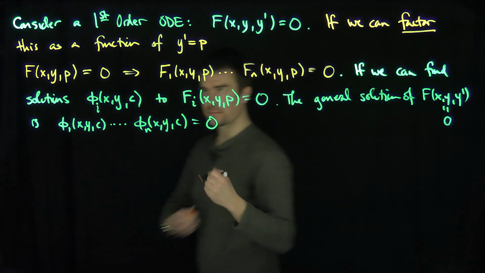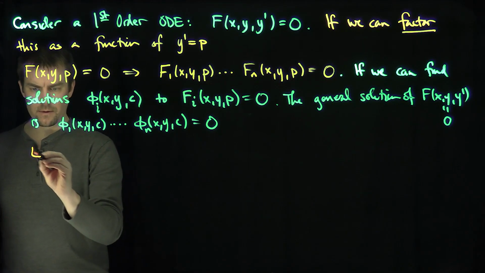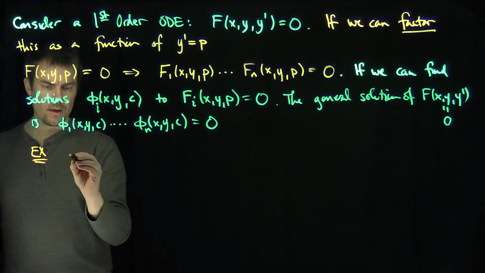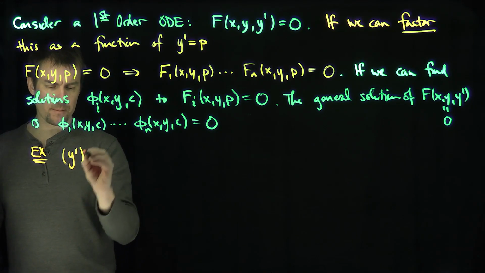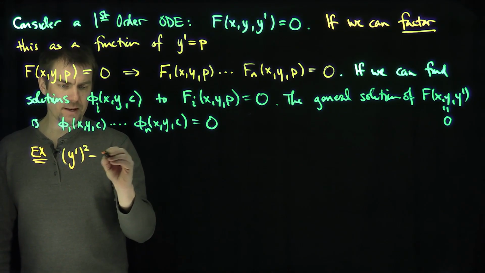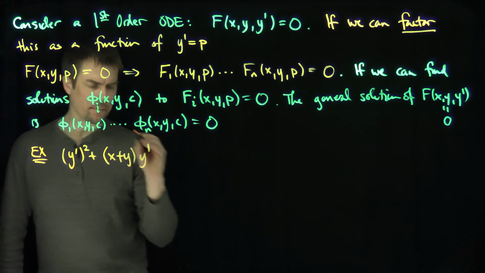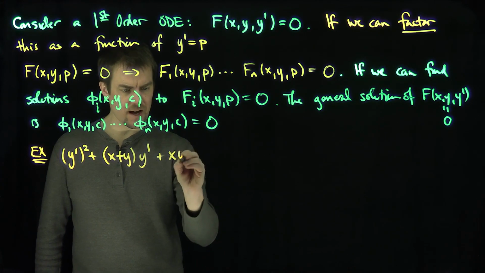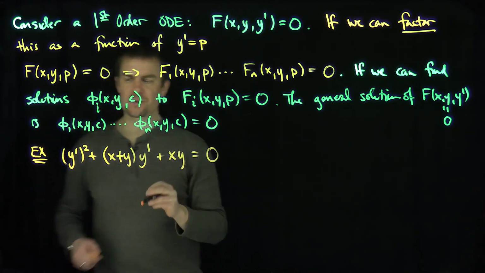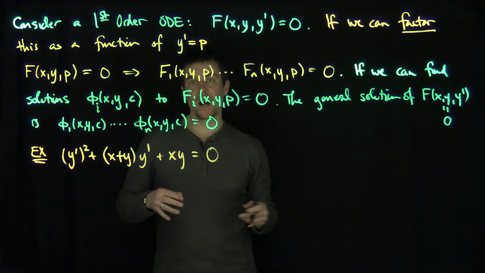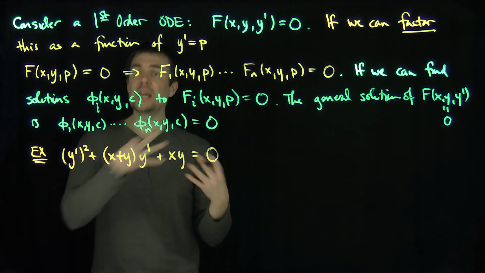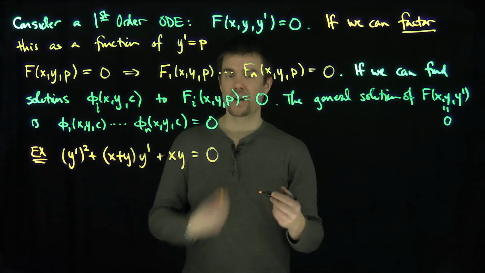What I'm going to do is solve y prime squared plus x plus y times y prime plus x times y is equal to 0. There's my first order differential equation. Now I'm going to treat the y prime as a variable p, and we're going to solve for p. It's a quadratic equation.